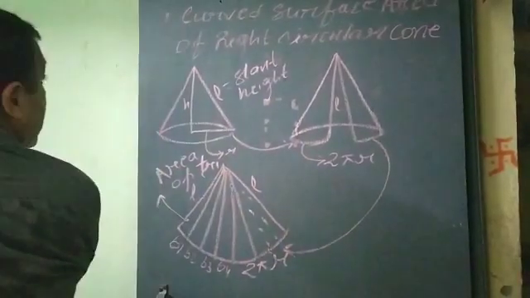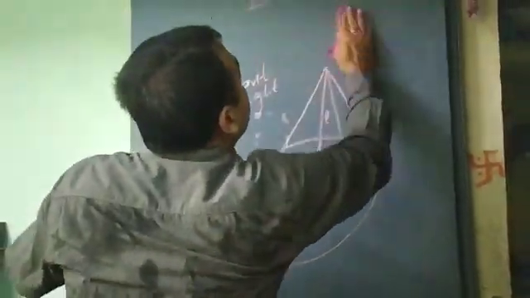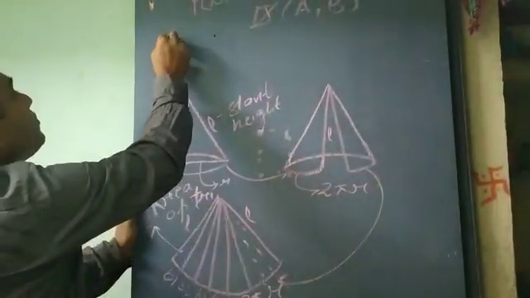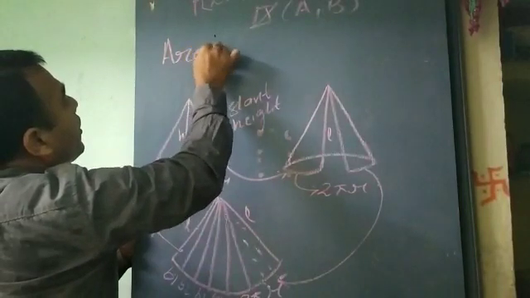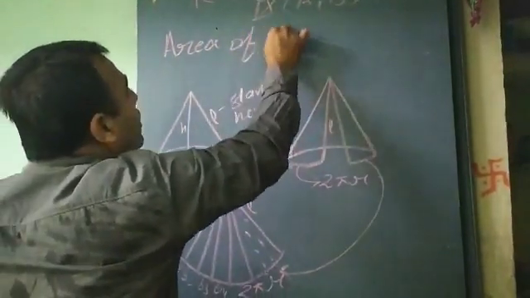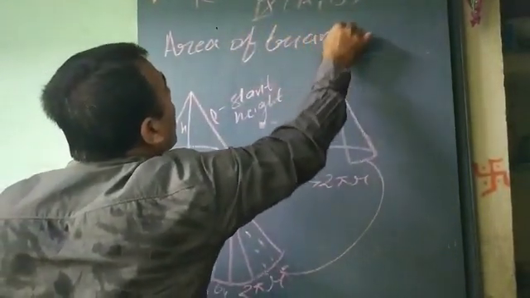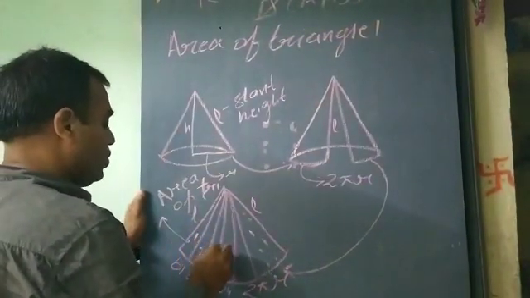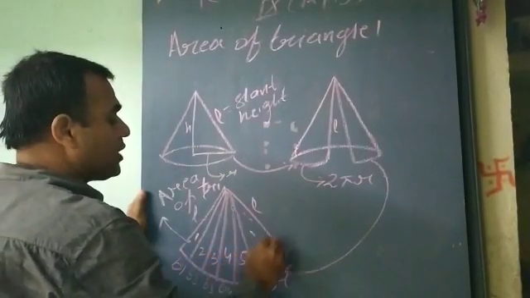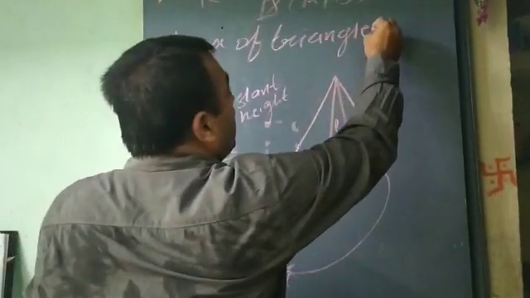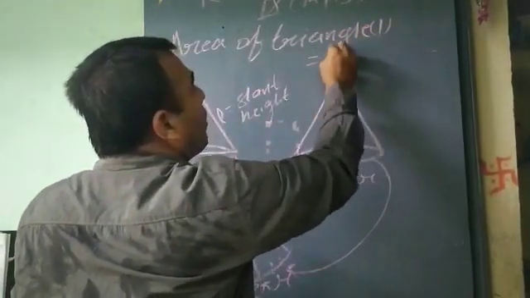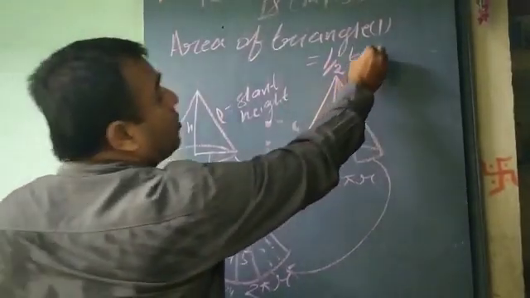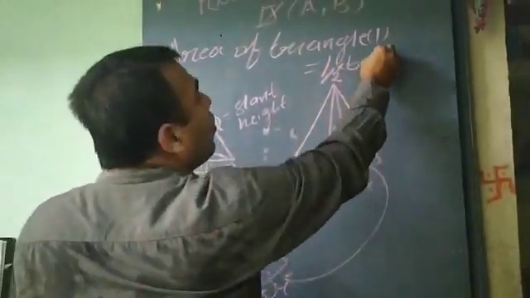So what will be the area of a triangle? The area of triangle 1 equals 1 by 2 into base B1 into height.